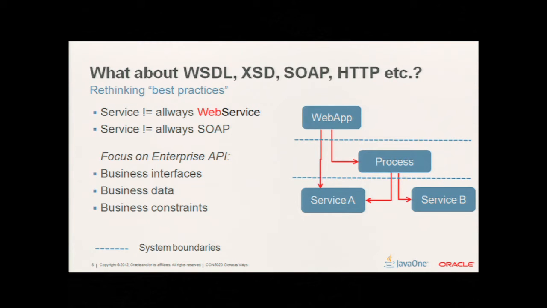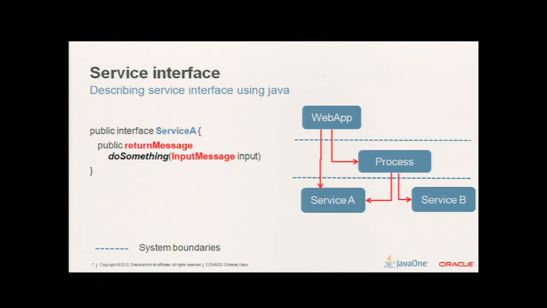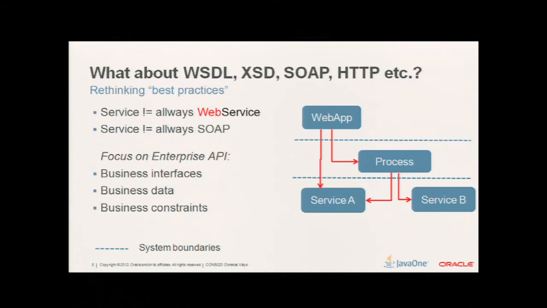SOA was very overbloated with and focused on web services, XSD, SOAP, HTTP. But as we come back to the interface, it's not always a web service, it's not always SOAP, it's just an interface exposing some business functionality.